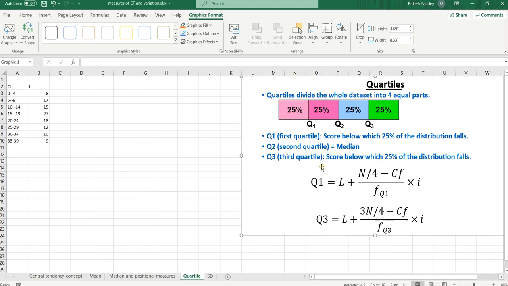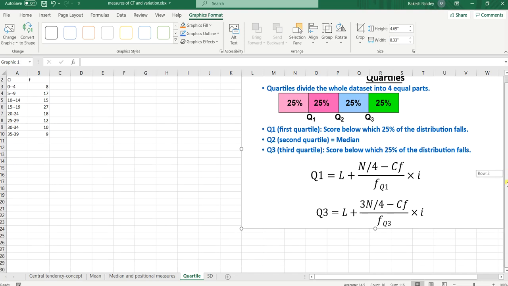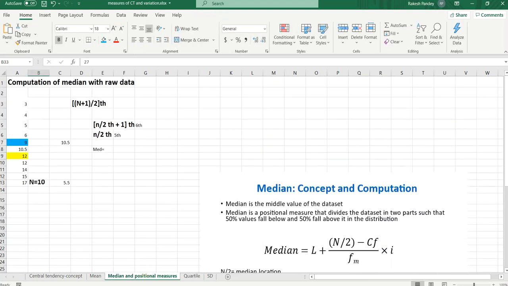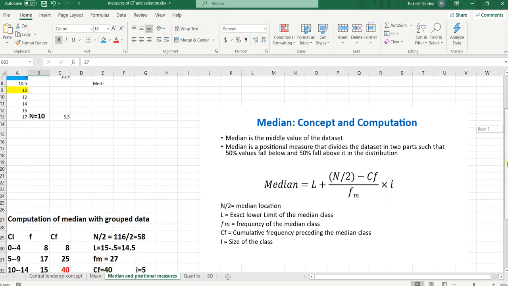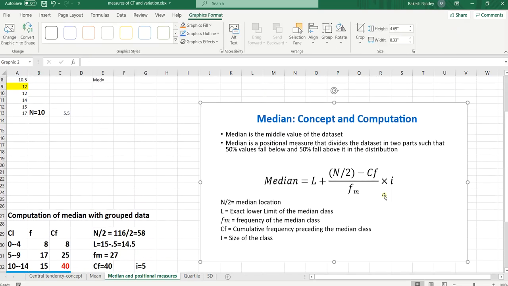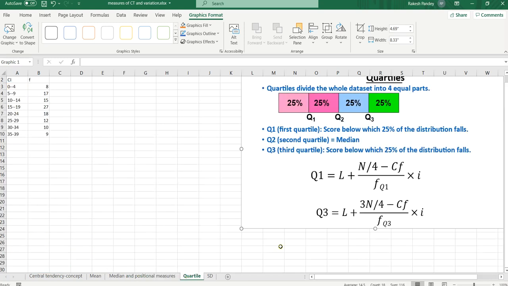So the third quartile is the value in the distribution above which 25% cases are there and below which 75% cases lie. Now let us come to the computation of the quartile. Now see the formula and compare it with the formula of the median. I am pasting this slide there itself so that you can do the comparison.